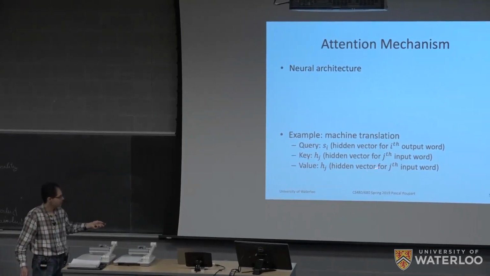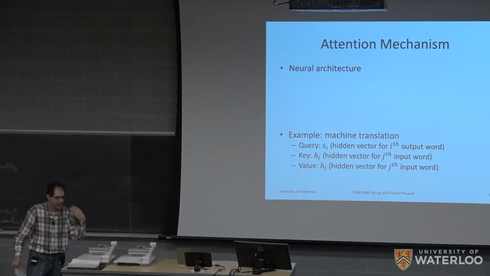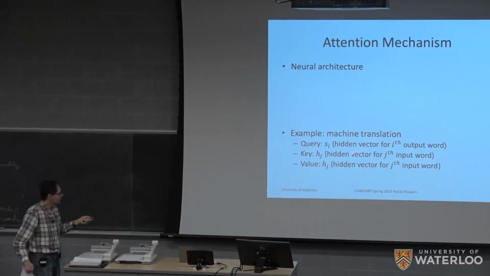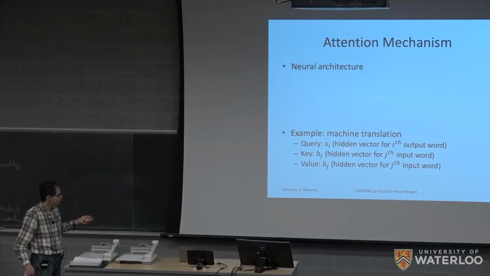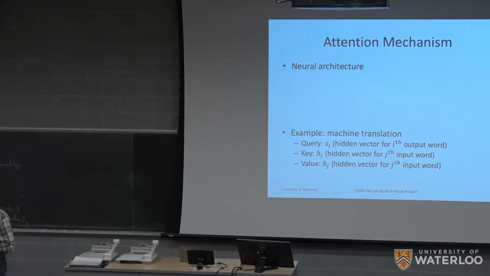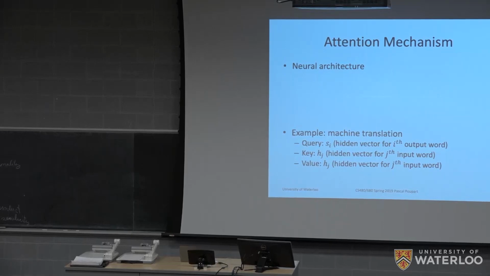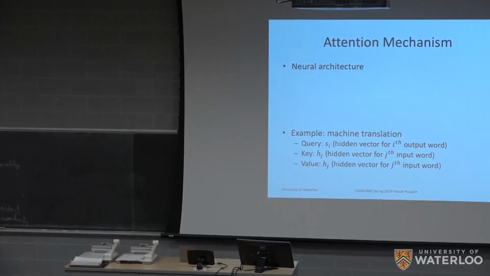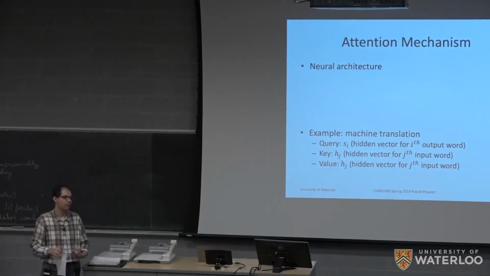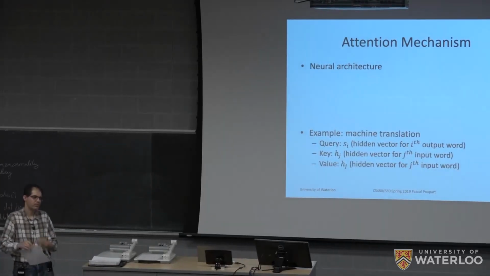These are the hidden vectors for the input word. That allows me to essentially compare my hidden vector for an output word to each one of the hidden vectors for an input word, and then essentially combine them together to produce a context vector that reflects what are the words that I'm interested in decoding next or translating next.